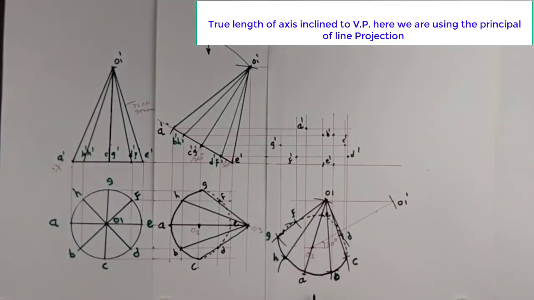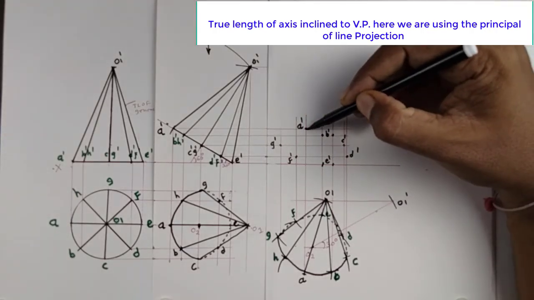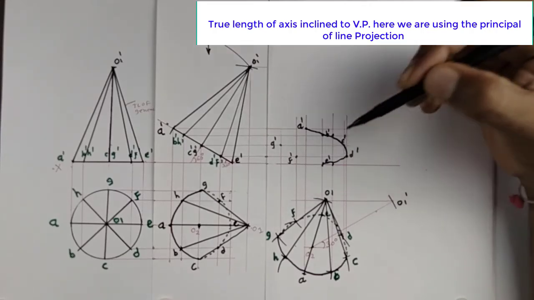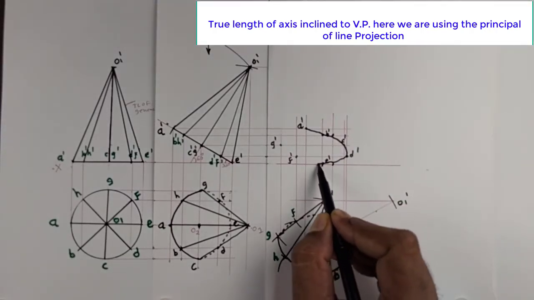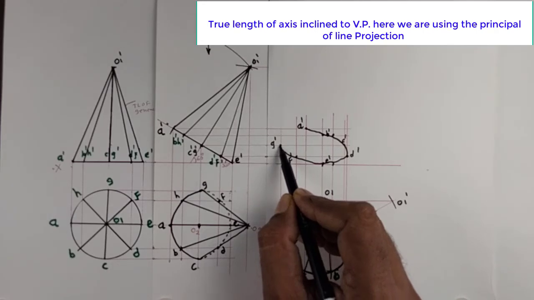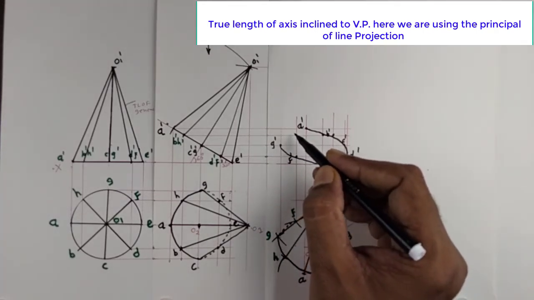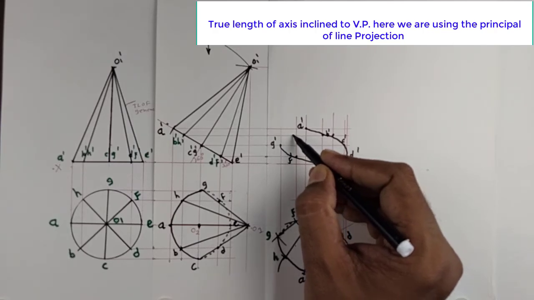The base nearer to observer, it means the base it is full. So I joined the A, B, C, D, E, F, G and H. It is here.